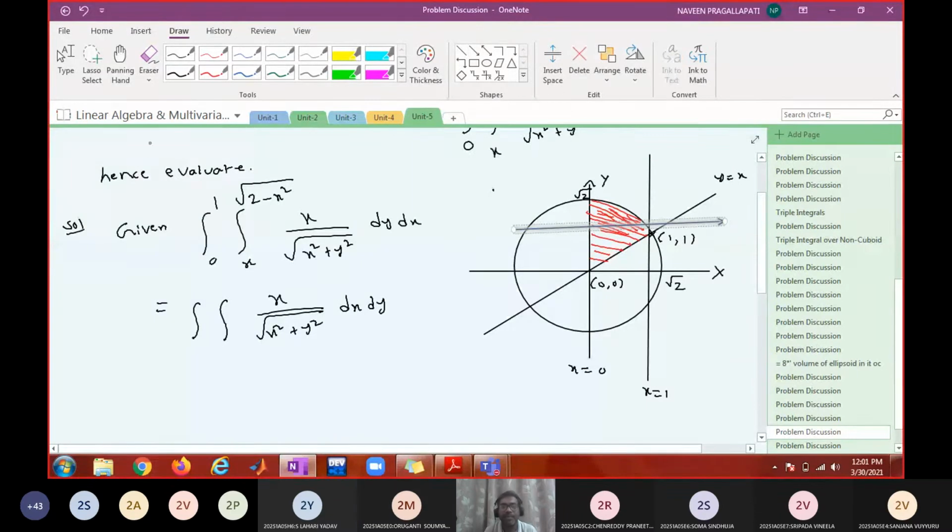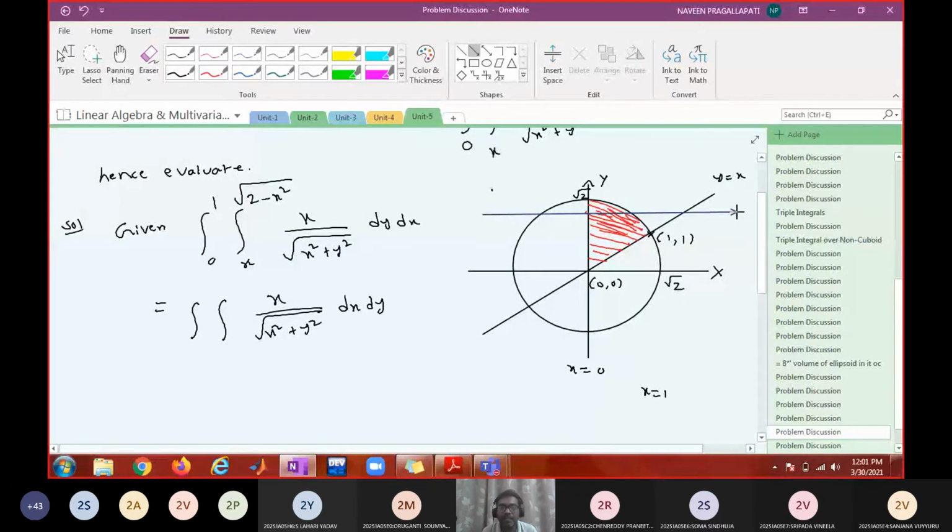So where do you have to partition? At y equal to 1, right?